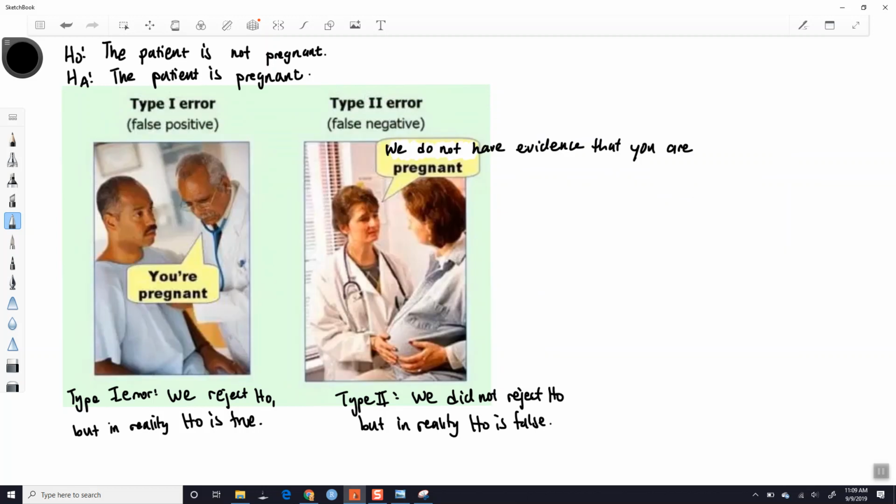All right. And so I think we started off on this going back to the question of when do we want to pick a big alpha or a small alpha, okay? We find that alpha is related to the risk of type 1 error or the risk of a type 2 error. So we say alpha is equal to the probability of type 1 error, and beta is the probability of a type 2 error.